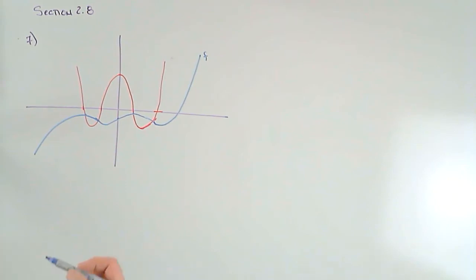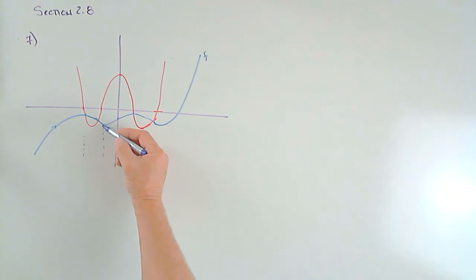Okay. Well, here my function's increasing, right? It's going up. The function's increasing all the way to here. That would mean its derivative is supposed to be positive. Well, this function's above the x-axis. Now, from here all the way to here, my function is decreasing.